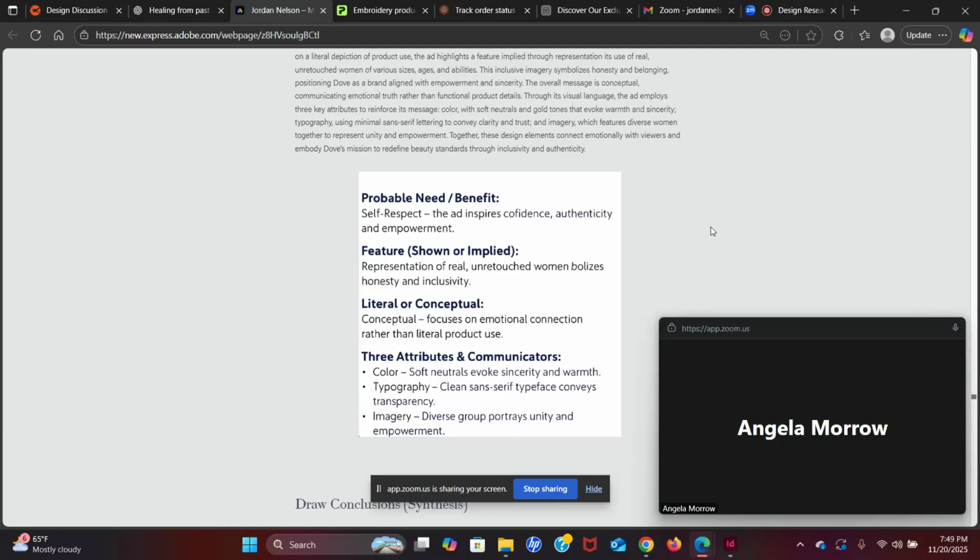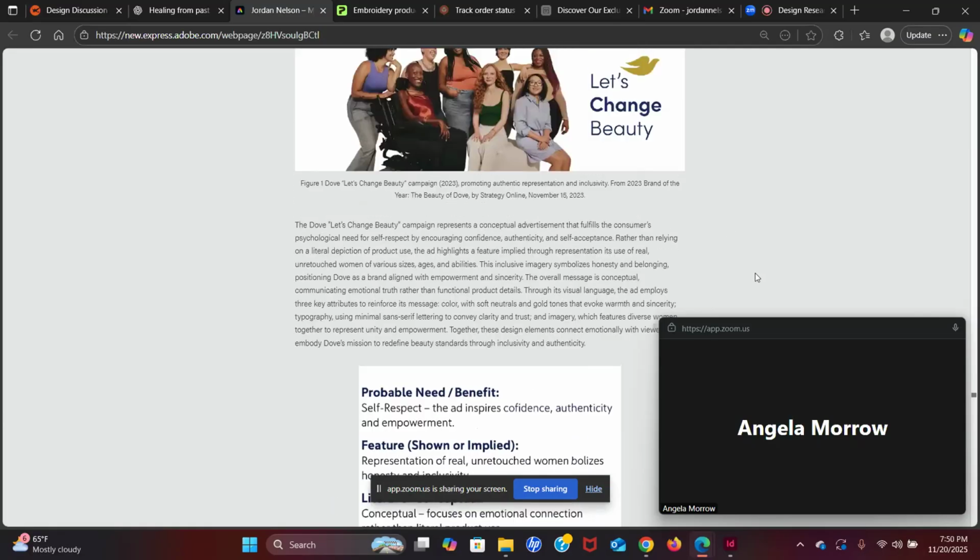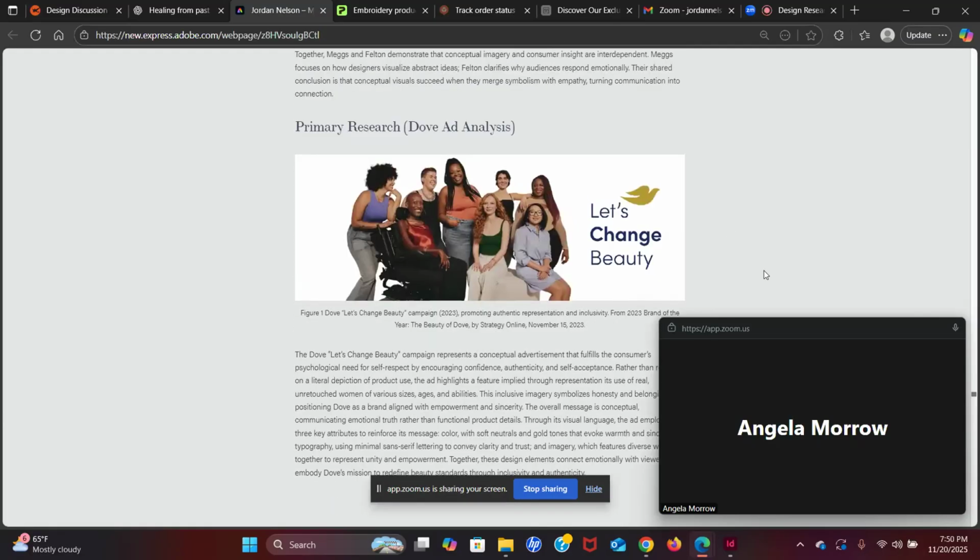Yeah, and I think in the beginning, they were not one of those brands that you were looking at as inclusive. That got better over the years. I wonder what sparked this campaign. I wonder if they needed to shift because the older generation was their primary consumer and they wanted to branch out and relate to the younger generations, because I feel like that's what it did, if that was the intent.